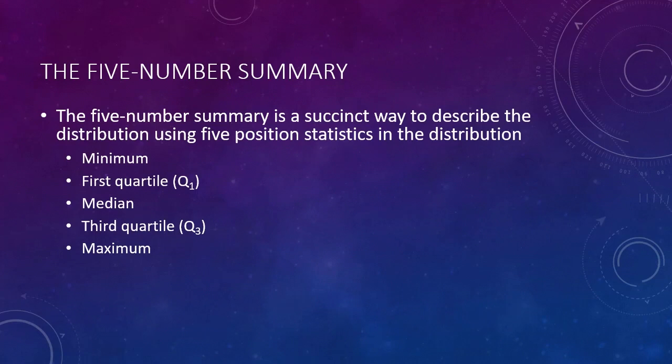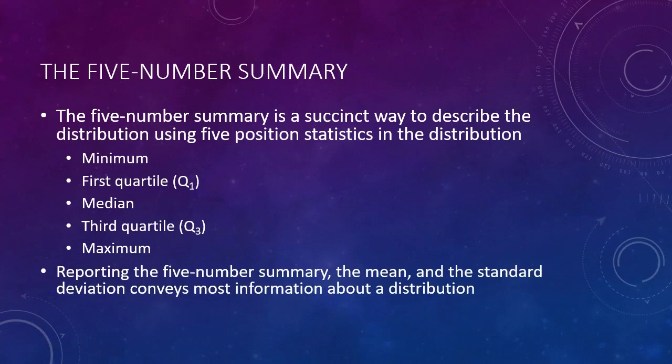With some practice, we can even discern the shape of the distribution if we know these statistics. I recommend reporting the Five-Number Summary, the mean, and the standard deviation for any quantitative variable you want to describe. These statistics, taken together, convey much information about the distribution.